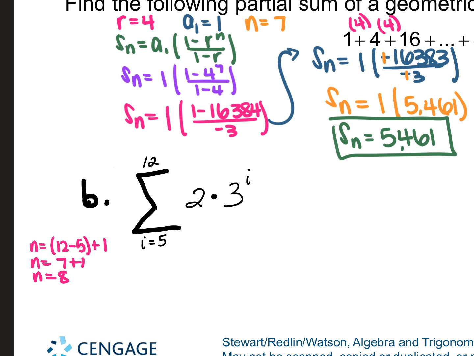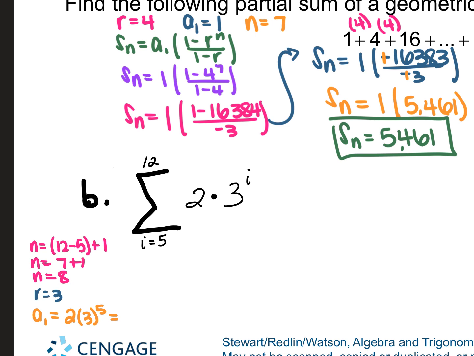Recognize your r from your given rule, which is the 3, and then find a sub 1. To find a sub 1, we're going to take the 2 times 3, plugging in the 5 for i. Your 3 to the 5th power gives us 243.